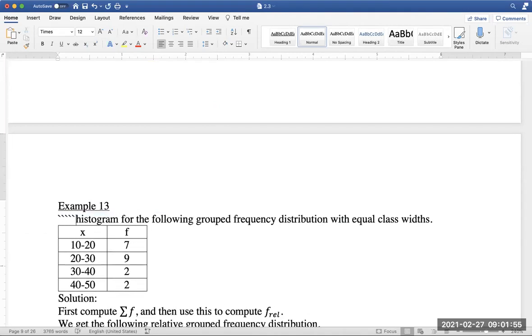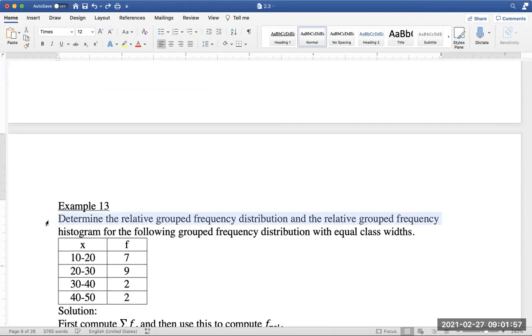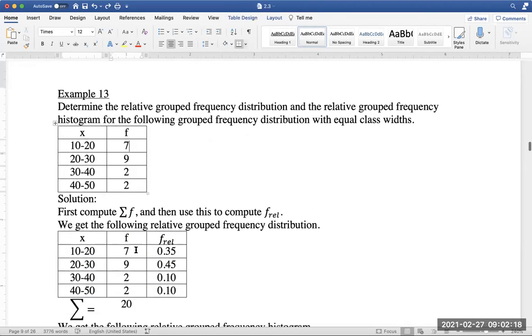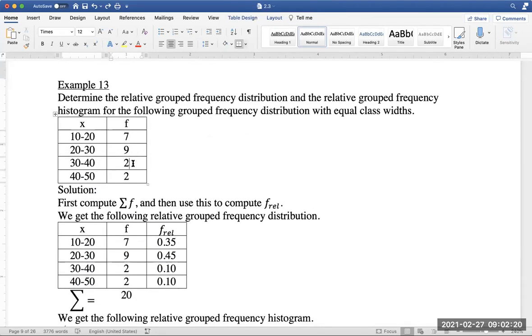Determine the relative group frequency distribution and the relative group frequency histogram for the following group frequency distribution with equal class widths. 7 numbers between 10 and 20, 9 between 20 and 30, 2 between 30 and 40, 2 between 40 and 50. So 7 plus 9 is 16, plus 2 is 18, plus 2 is 20.